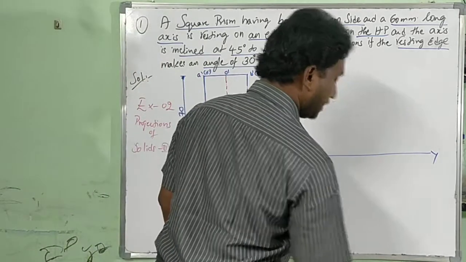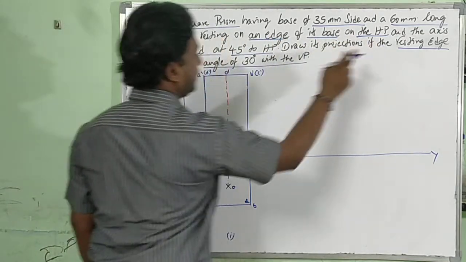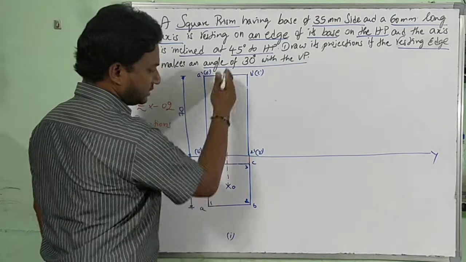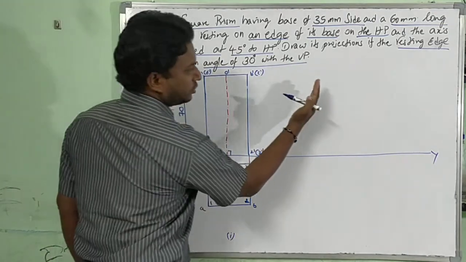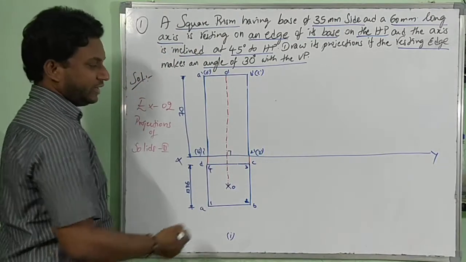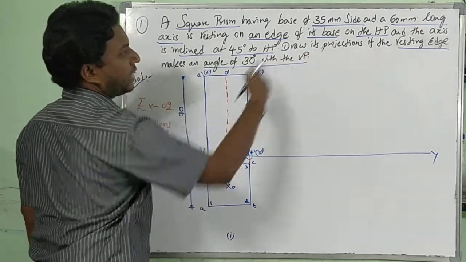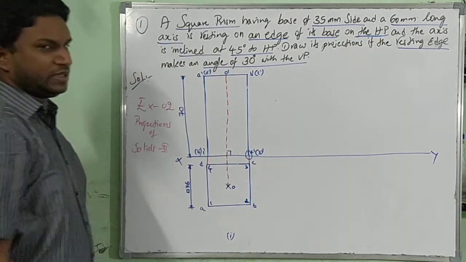Now, first I am considering the angle with respect to the axis. It is resting on an edge of its base on HP and the axis is inclined at an angle of 45 degrees. The axis, which is now 90 degrees, has to be rotated at an angle of 45 degrees such that this edge, 2 dash, 3 dash, is on HP. Previously we did this type.